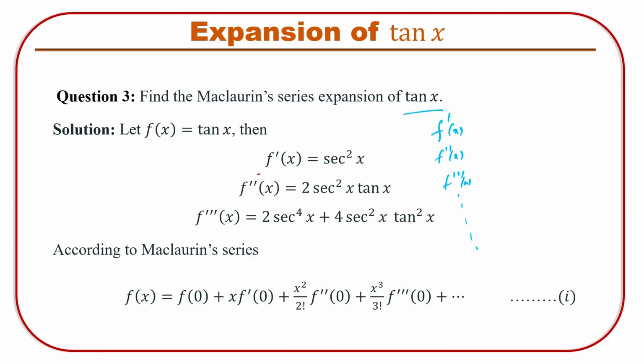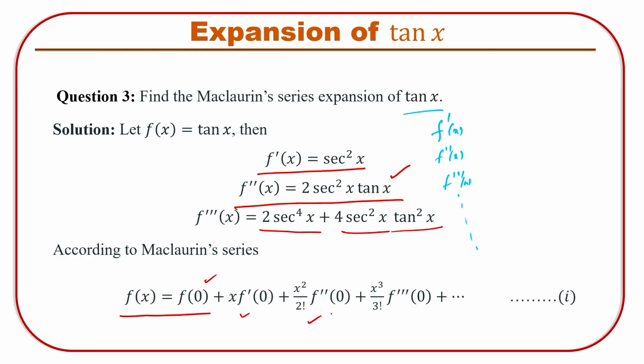So, for tan x, the first derivative is sec squared x, the second derivative is 2 into sec squared x into tan of x, the third derivative is 2 sec to the power 4 x plus sec squared x tan squared x and so on. So, according to the Maclaurin series, f x can be written as f0 plus x into f dash of 0, plus x squared by factorial 2 f double dash of 0, plus x cubed by factorial 3 f triple dash of 0 and so on, right.